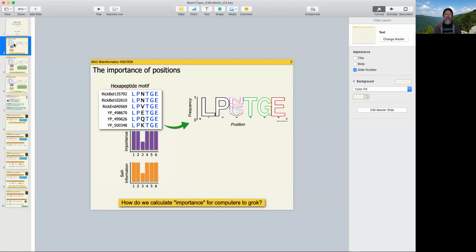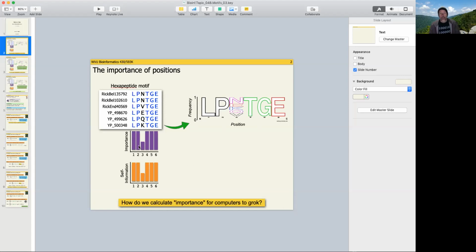Just as a quick recap, here's our hexapeptide motif we've been using as an example. Here it is represented in a web logo or sequence logo. We're just looking at the frequency matrix here in graphic form.